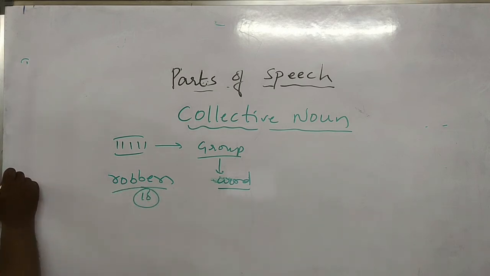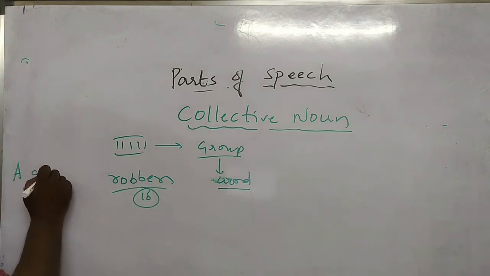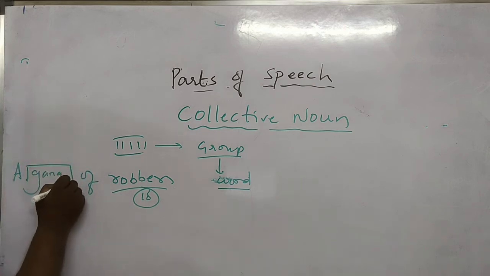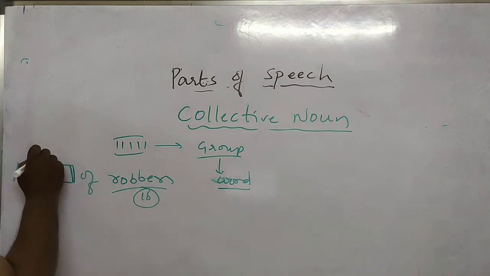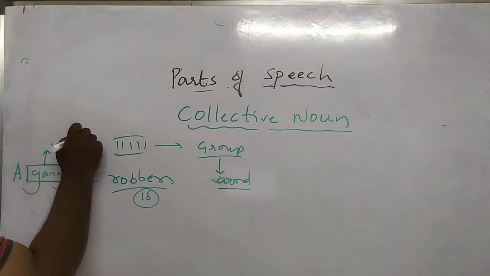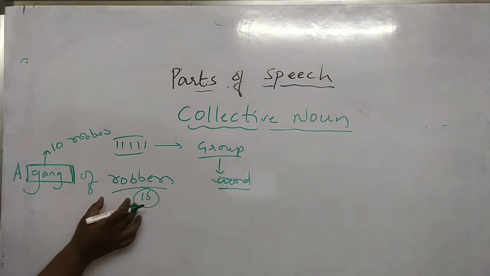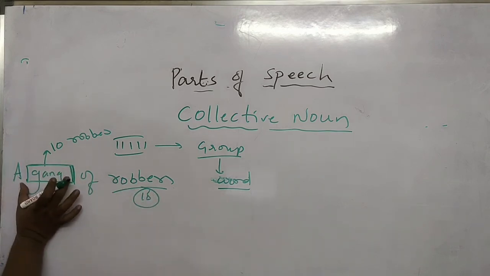What you do is you say a gang of robbers. That means this word called gang has 10 robbers in it. This word is used to tell about 10 robbers. So collectively you are talking about the robbers here.